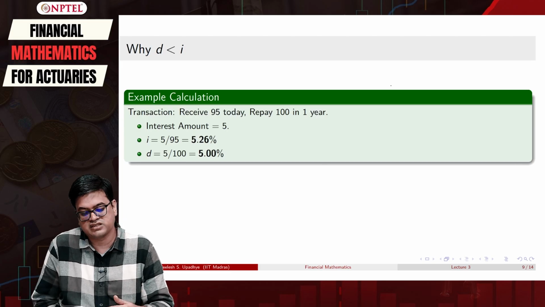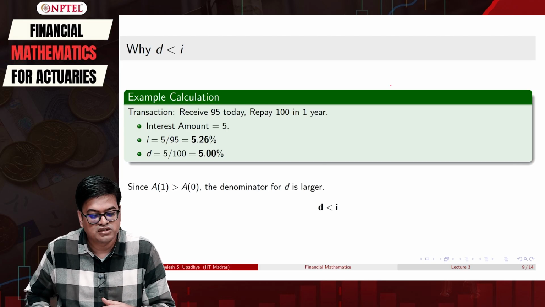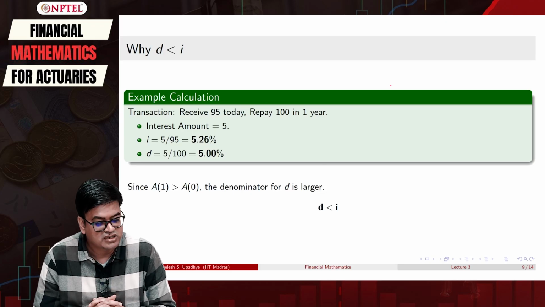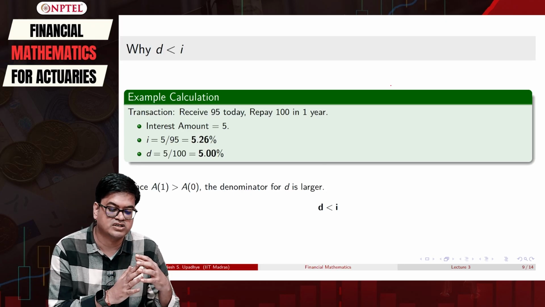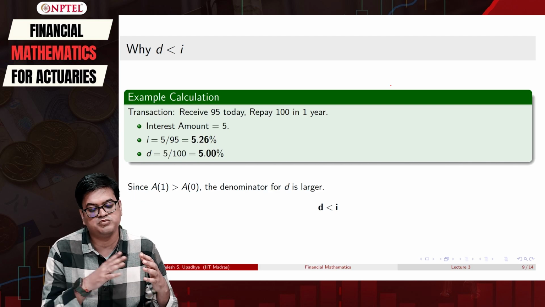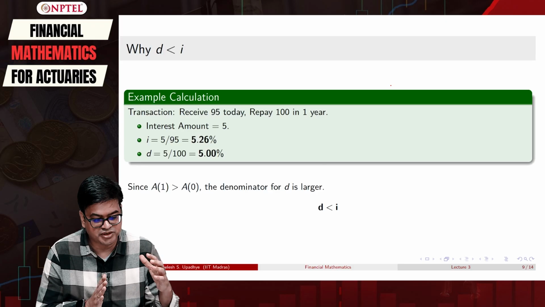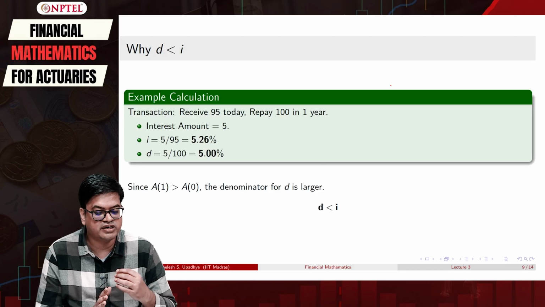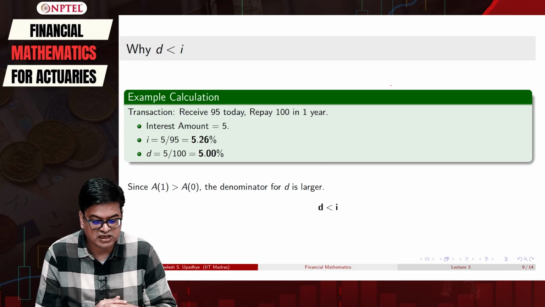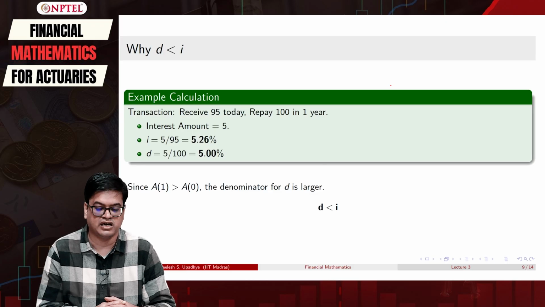We will make this crystal clear using algebraic derivation, but right now the intuition is very clear, since the accumulated value, or the amount function A1, will always be higher than A0, and we are assuming no withdrawals in between. So the accumulation function is higher than A0, therefore the denominator for d will always be larger, and therefore d should always be less than i.